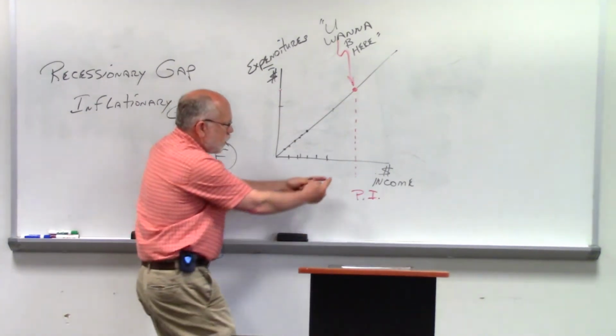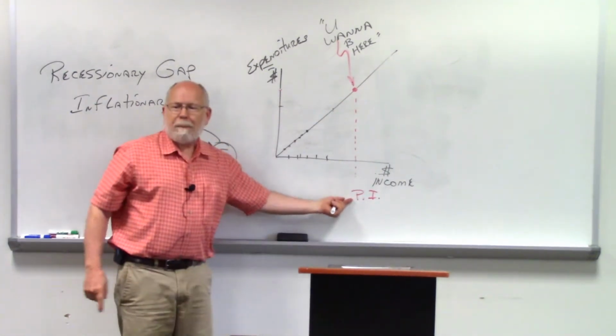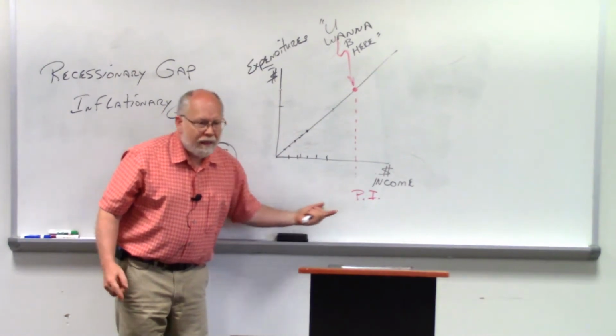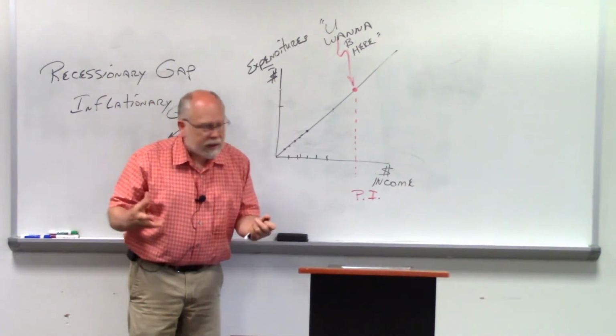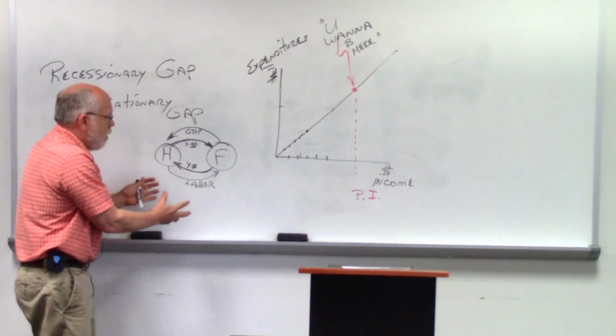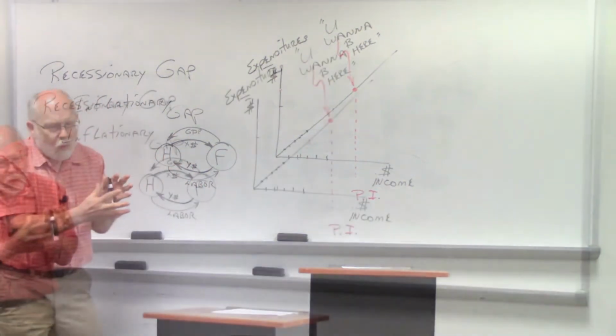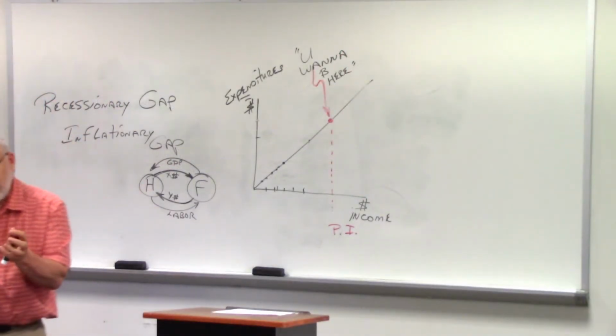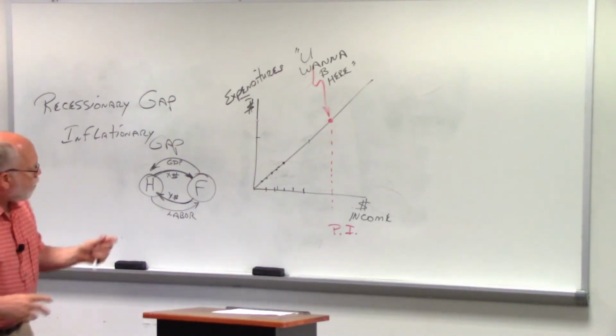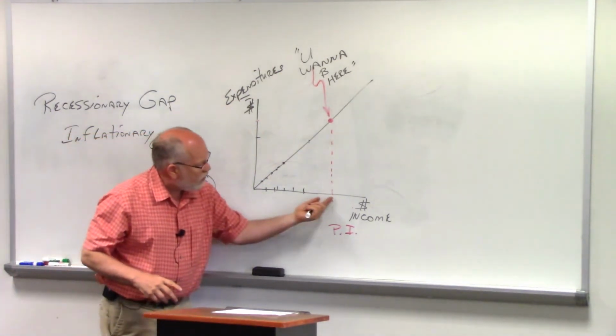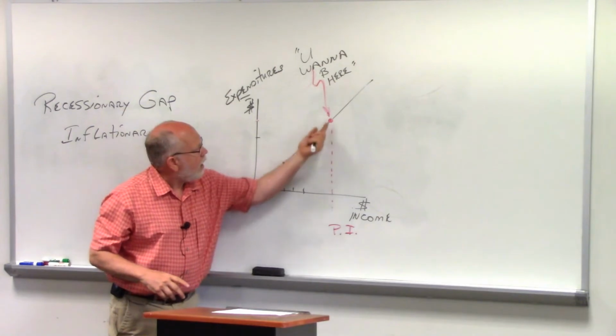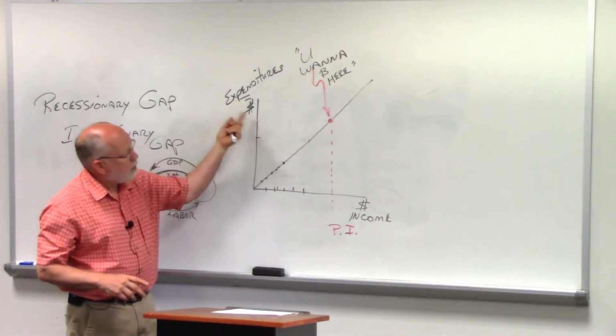Because we know that the point right here is called potential income. That is our greatest potential. If we get the economy fine-tuned, where it's running like a fine machine just the way we want it, then we can go all the way out here and have this much maximum potential and have this much maximum expenditure.